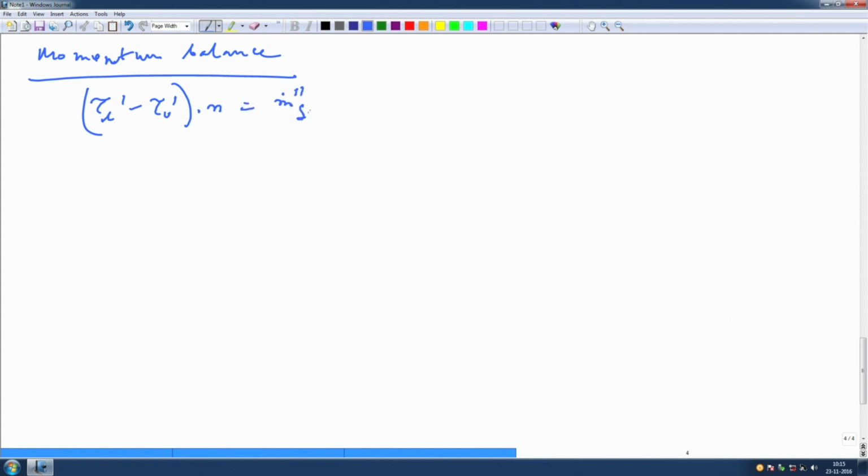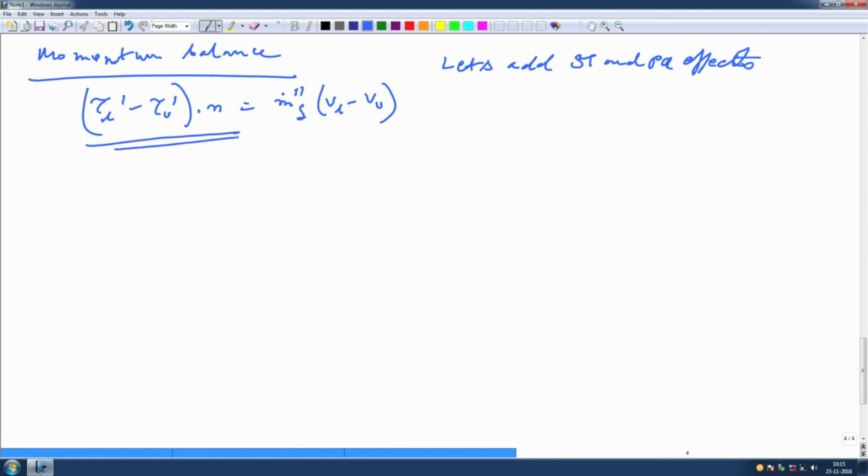It is very similar to the mass balance, except now the change of momentum is equal to the forces. Let us add the two effects, surface tension and PD effects. So, this gets added to the left hand side of this equation. So, what do we have?